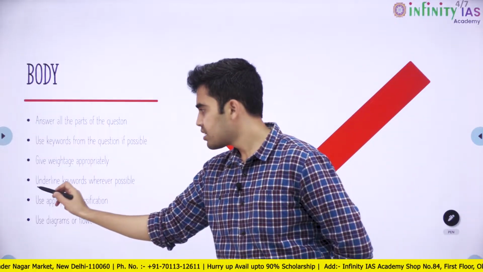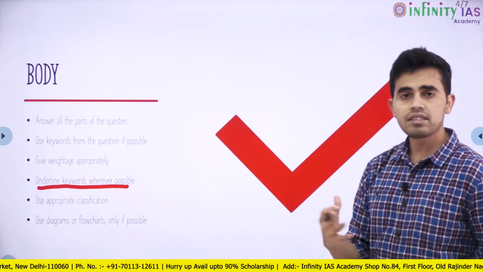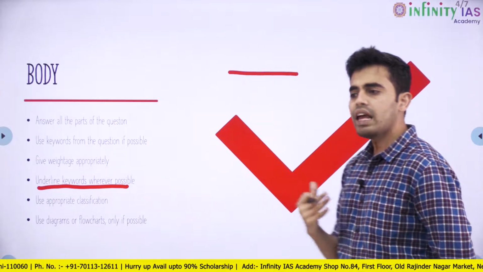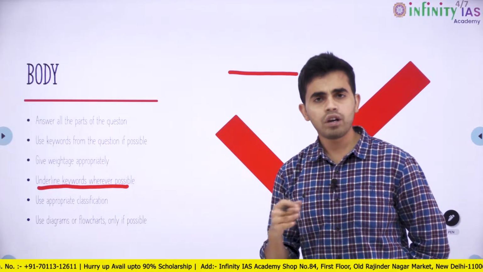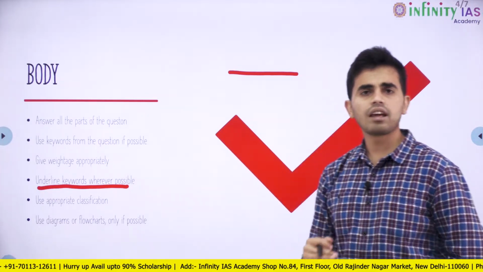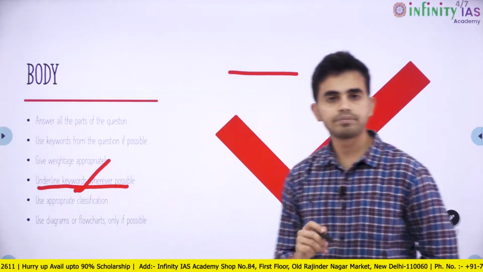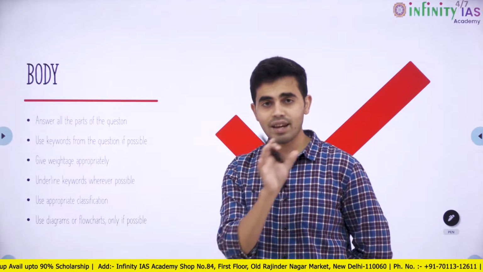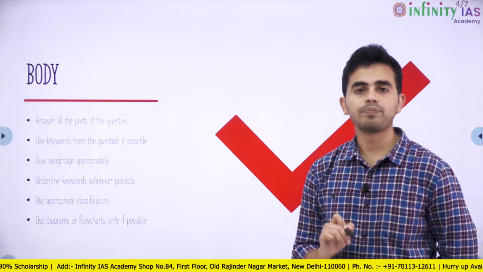Then comes underlining keywords. When we are writing the answer, we should underline certain words. For example, if we quote a report or write a statistic or use a technical term in the answer, it is good if we can underline those keywords. That might help the examiner to look at those important points that you have written and easily give marks.